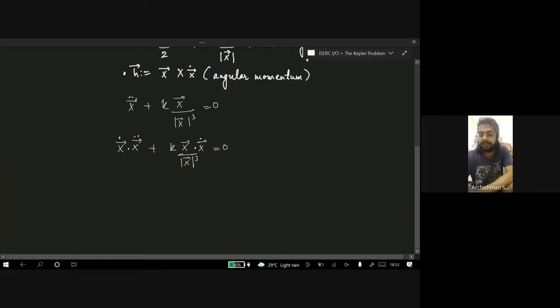And then the first term can be represented as the derivative of half of this dot product. You might be able to see why that is so.